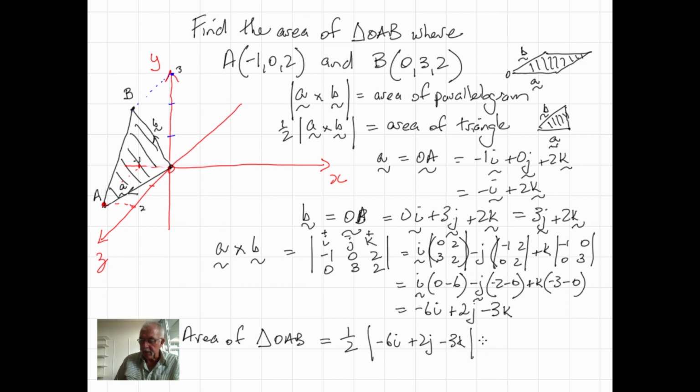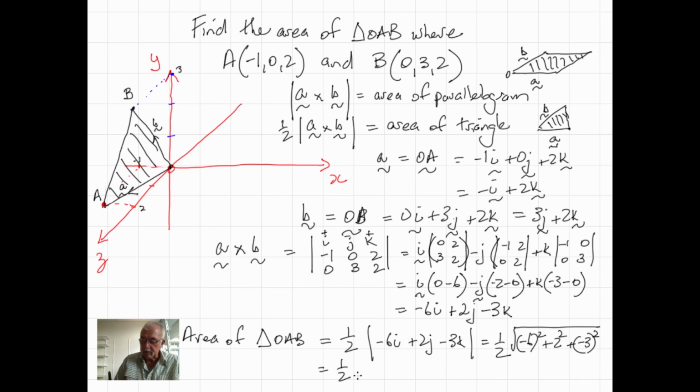Now the magnitude of that vector will be equal to the square root of -6 squared plus 2 squared plus -3 squared.